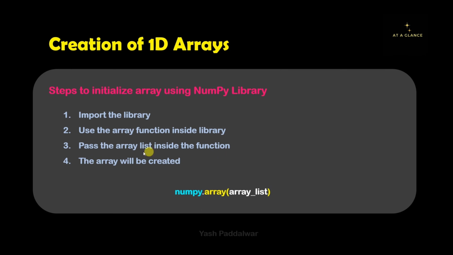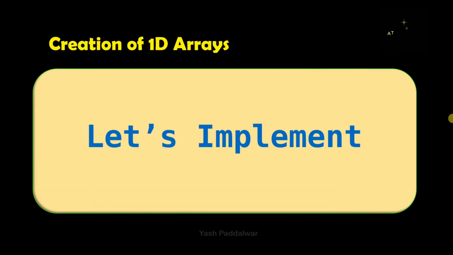Make sure your array list is enclosed in square brackets. And finally your array will be created. Here you can see the syntax for assigning a NumPy array, which is nothing but the numpy.array function. Inside that array function you need to pass the array list. You need not mention the type of the elements inside the array.